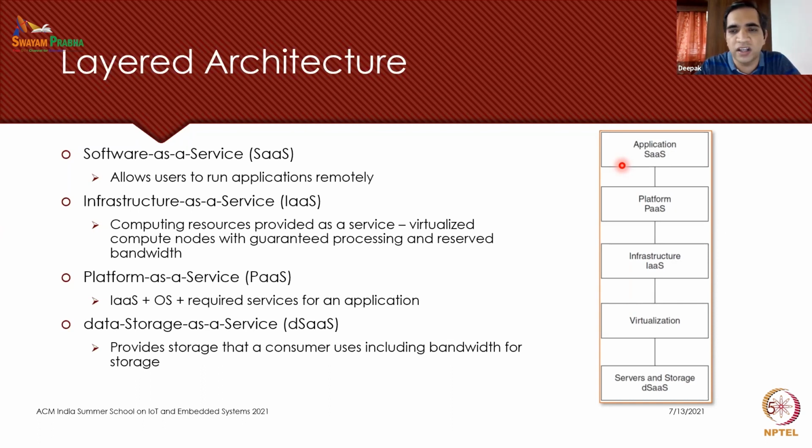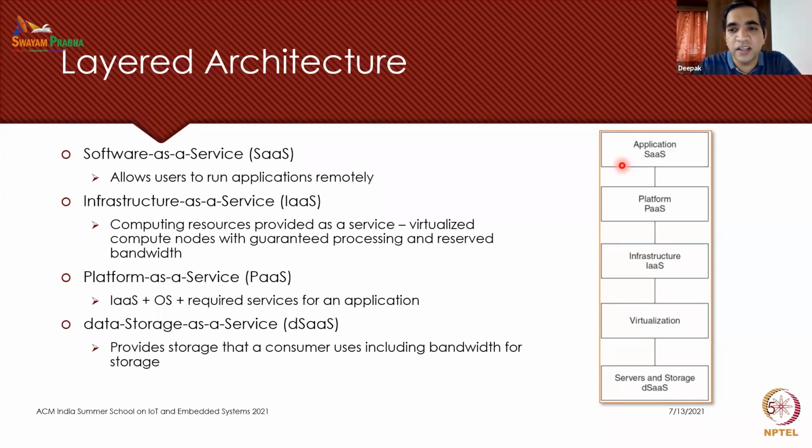A set of nodes that are remotely located. So basically, you can have applications that can be run remotely, or you can have a set of hardware resources that you can access from a remote node.